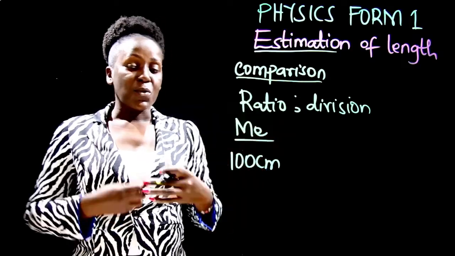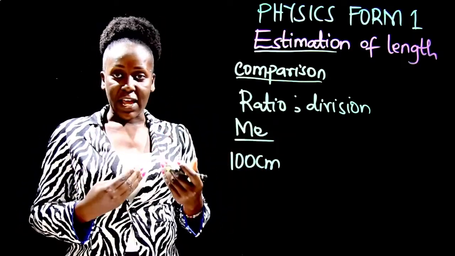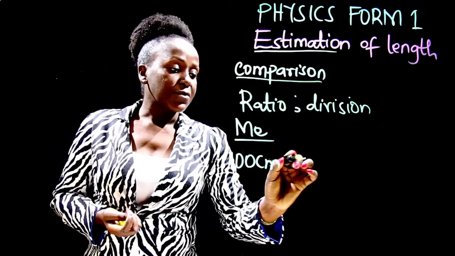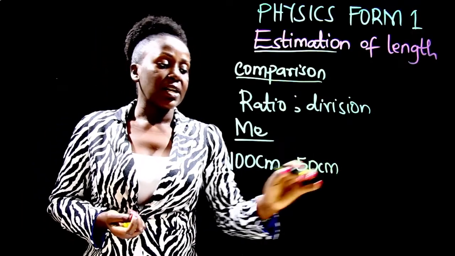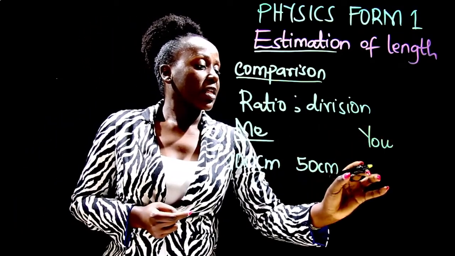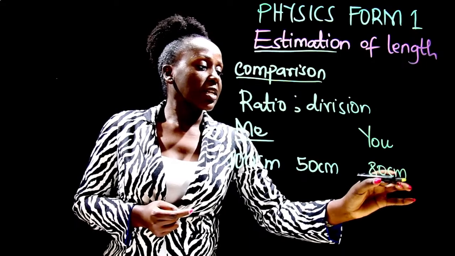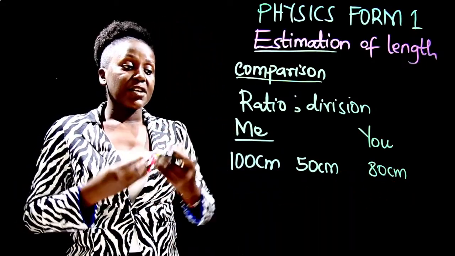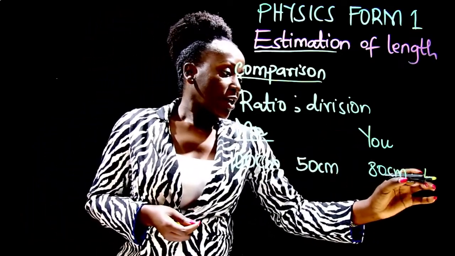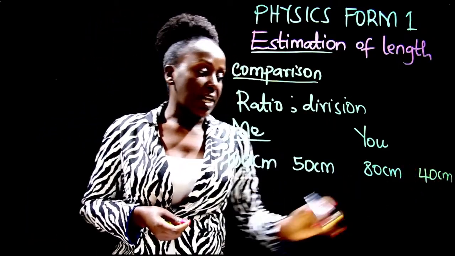And my shadow, so when I stand in front of light, a shadow is formed. Let's say my shadow is 50 centimeters. And then there's you. Let's say your length is 80 centimeters. And then when you stand in front of the same light as me, your shadow is 40 centimeters.